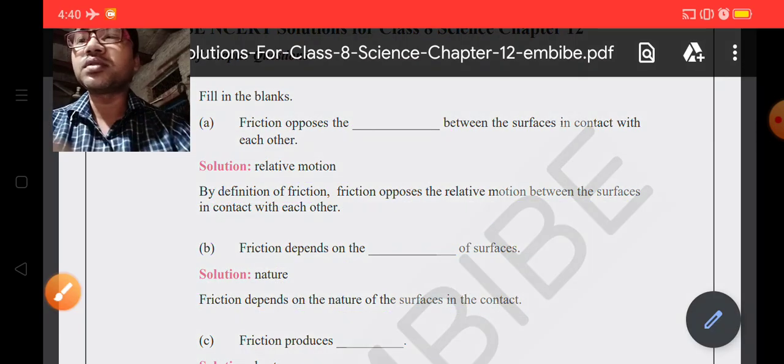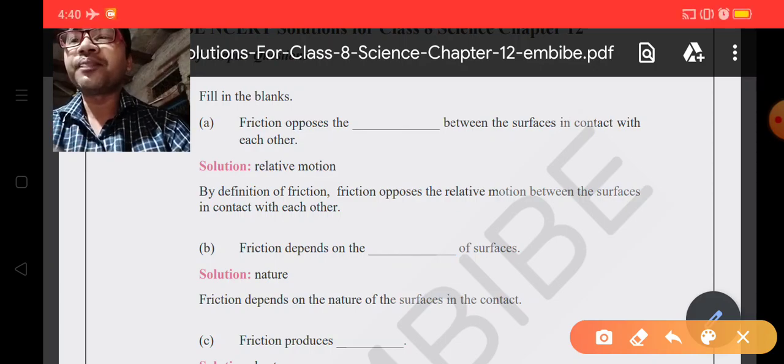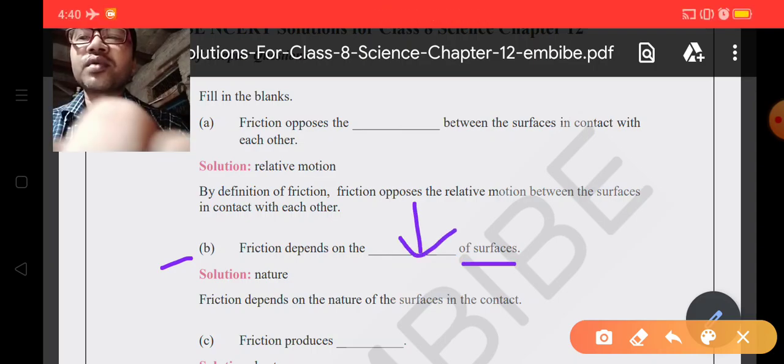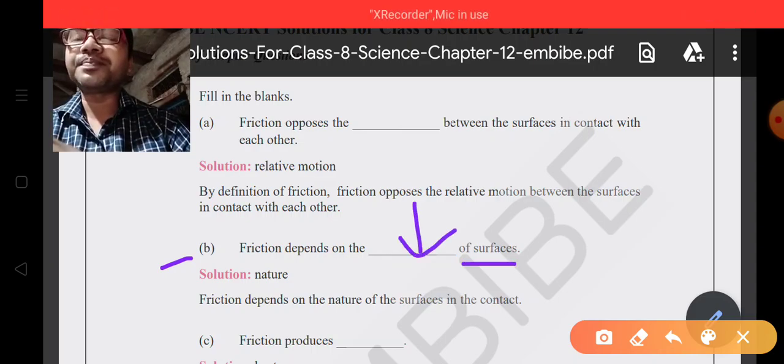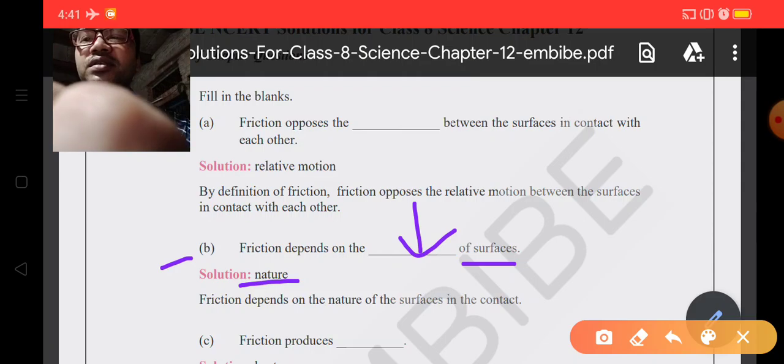So let me erase things and I am going to underline the points which you have to write in your copy. So you can see here this is the second question, and the question is friction depends on the surfaces. Then the answer is nature. Nature means here the roughness and the smoothness.